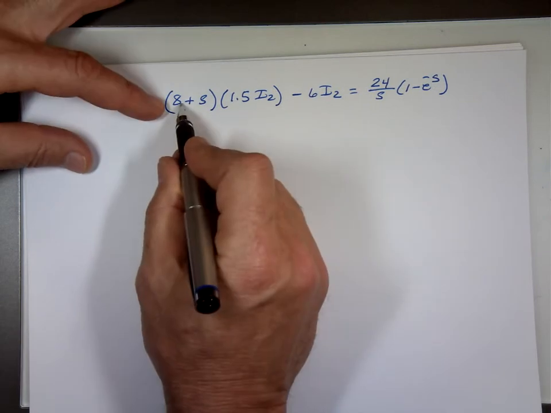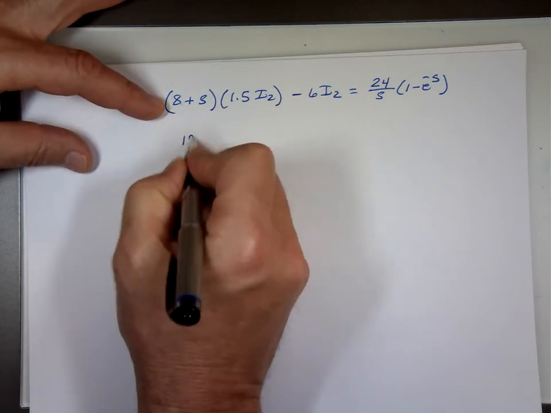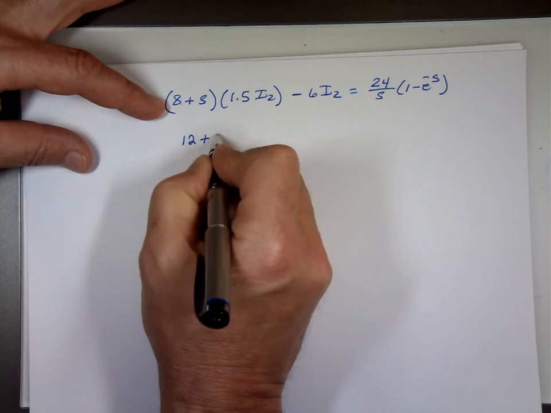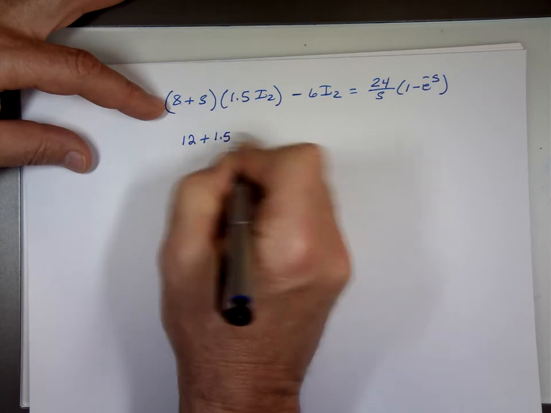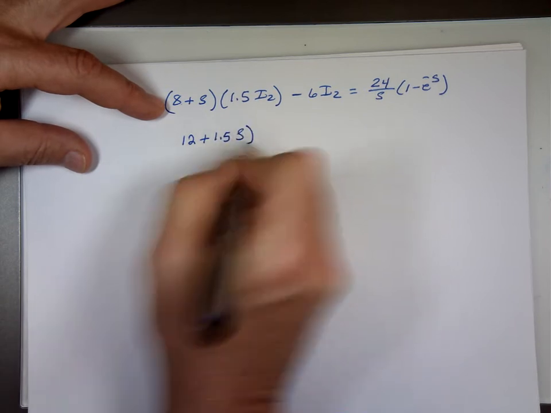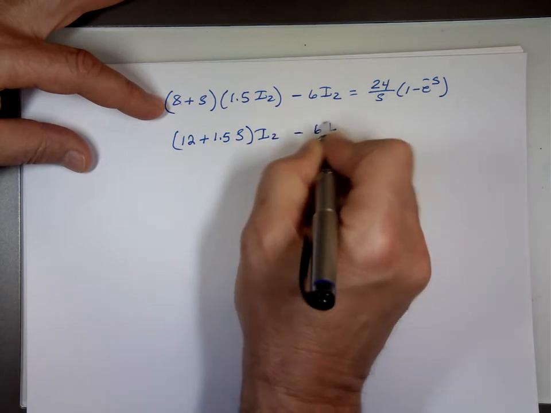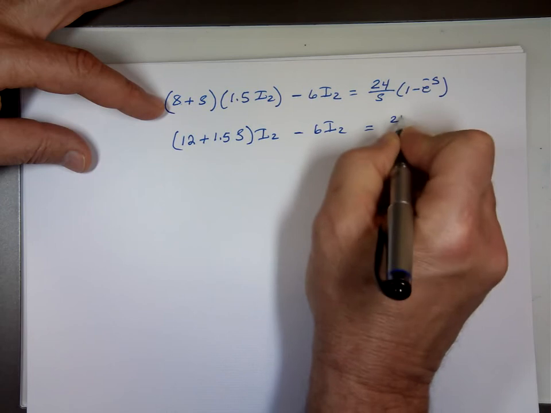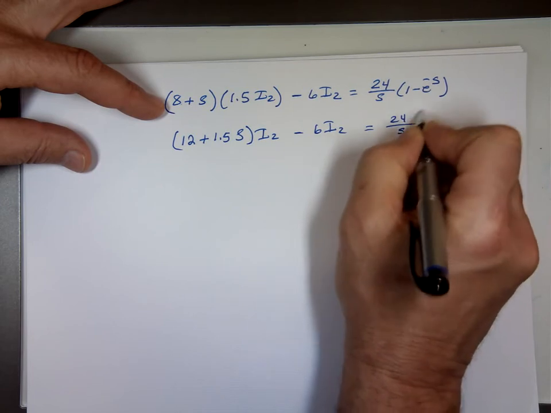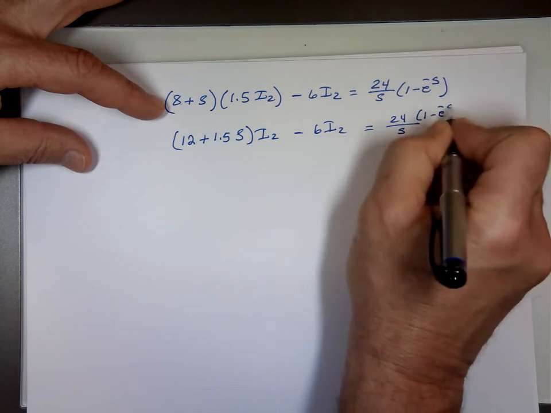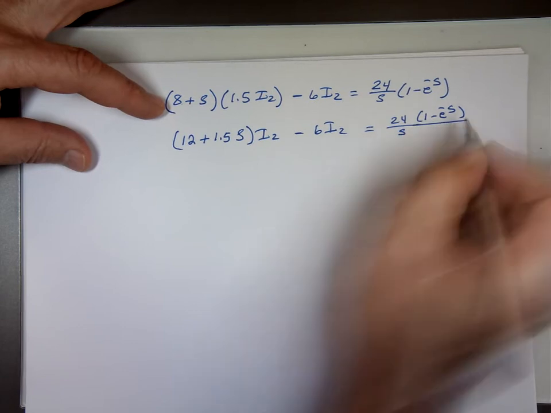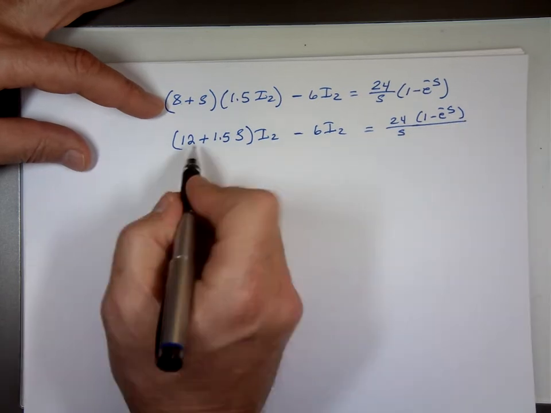Is that a 12 here? Plus 1.5 s I sub 2 minus 6 I sub 2. 12 minus 6 is 6.